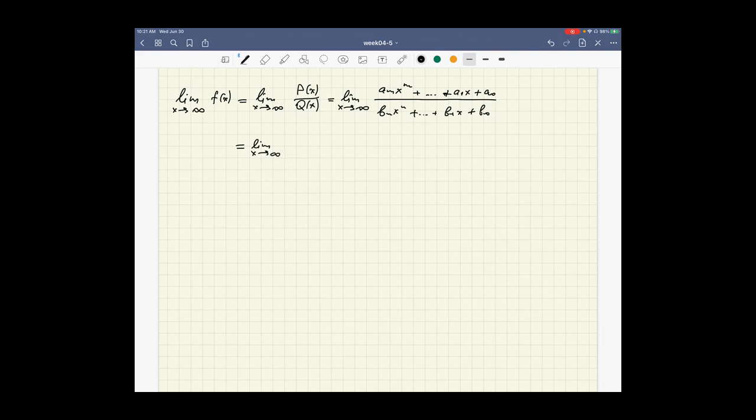We factor out x to the power m in the numerator and x to the power n in the denominator.